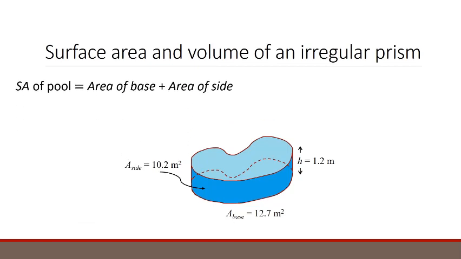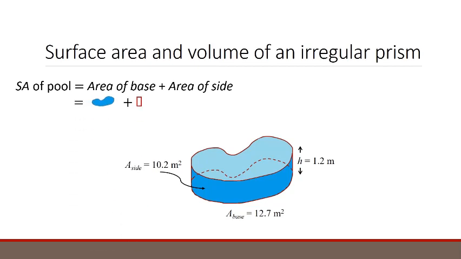So how do we find the surface area? We simply add those areas, remembering that this time there's no top on the pool, so we don't have to add twice that cross-sectional area. The base is the cross-sectional area, and if you look at it anywhere horizontally, the pool is the same shape.